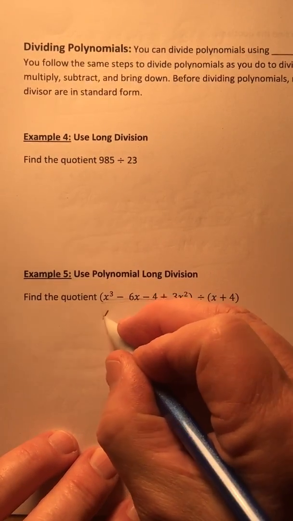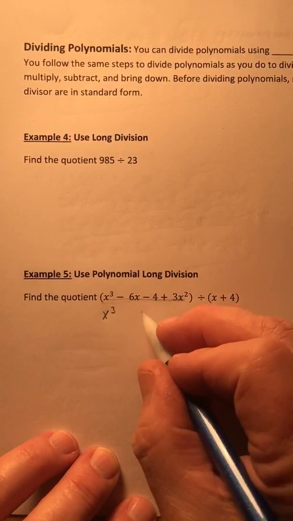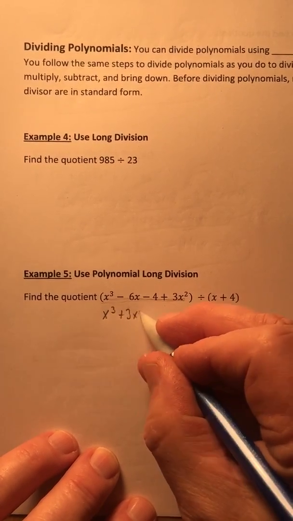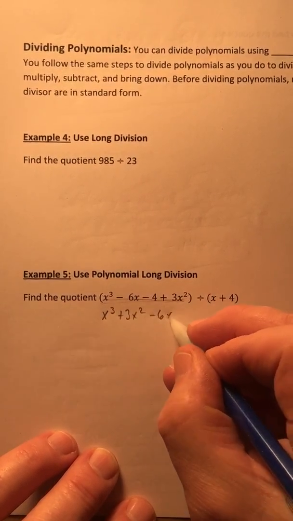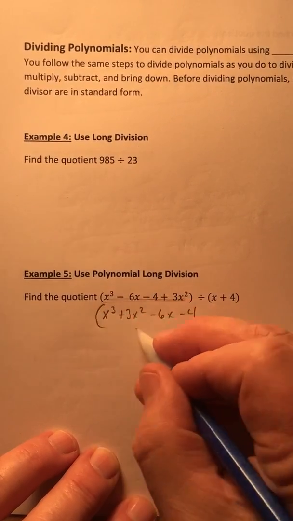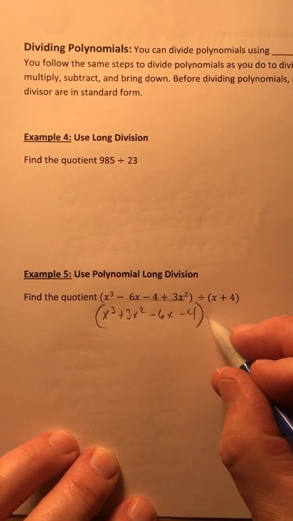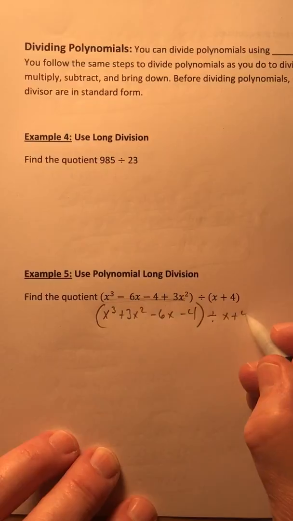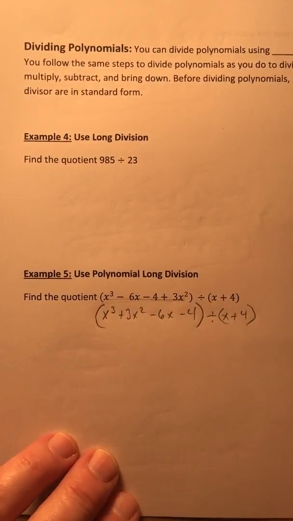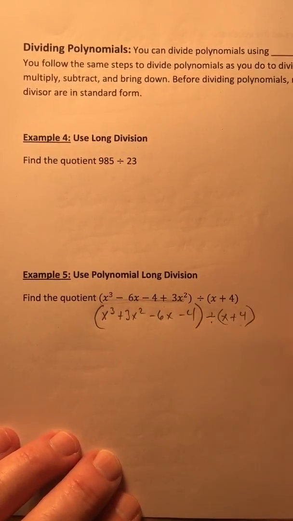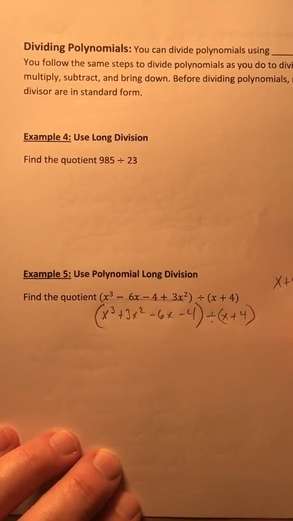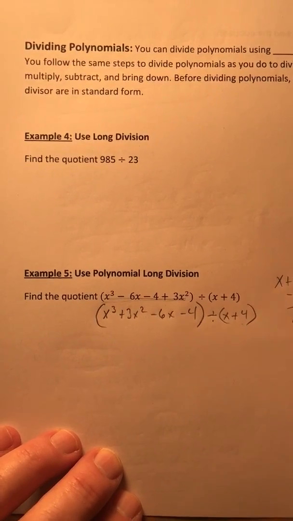So we change the order as x to the third plus 3x squared minus 6x minus 4. And we're dividing it by x plus 4. The first thing we do is take this x plus 4, set it equal to 0, and solve it. We subtract 4, we get x equals negative 4.